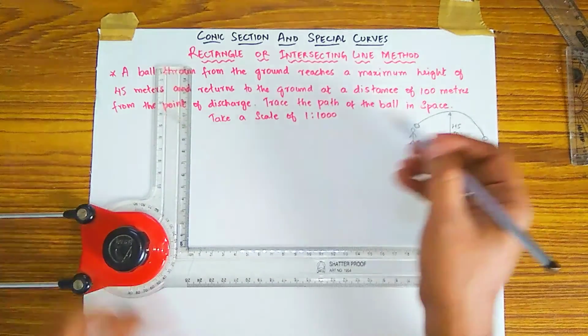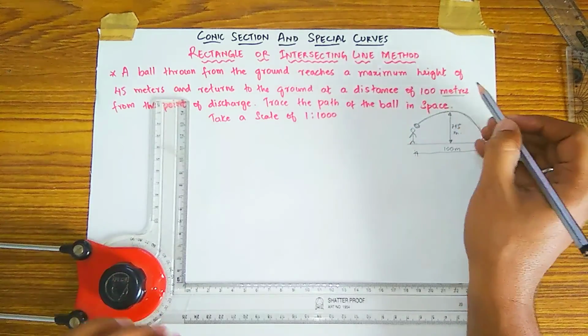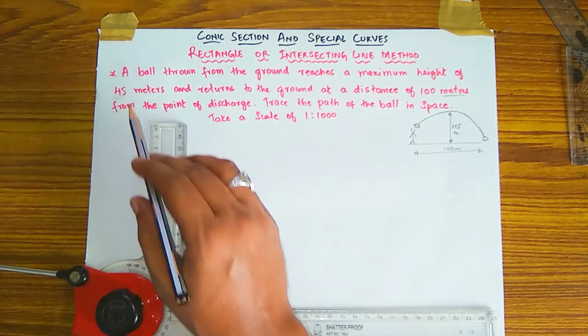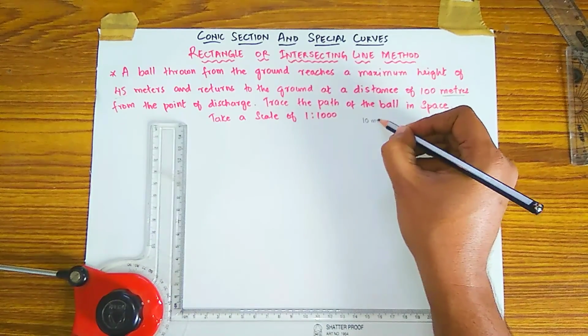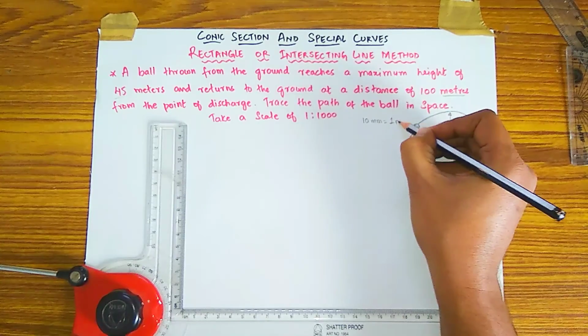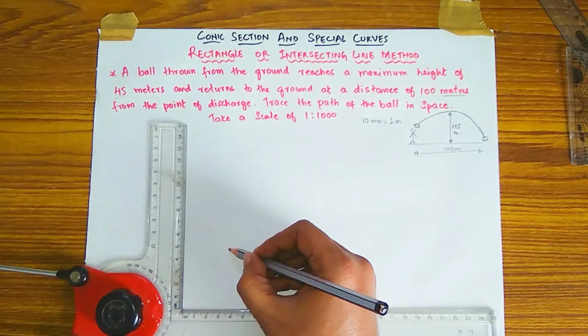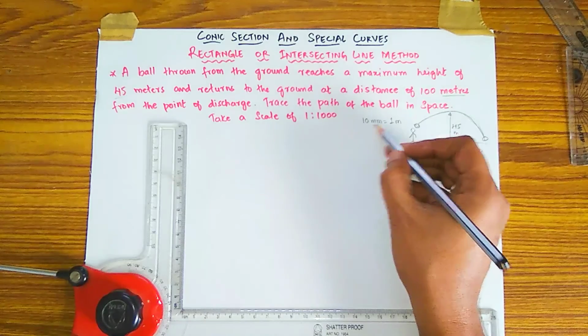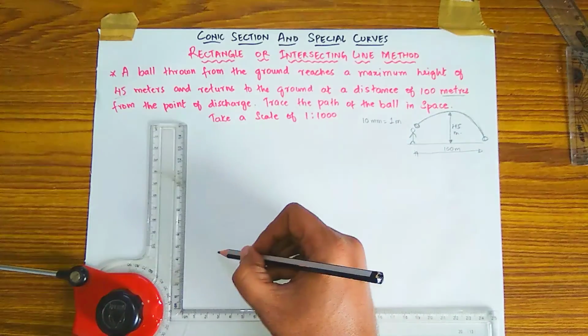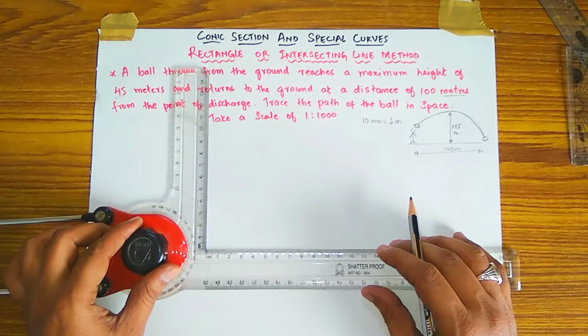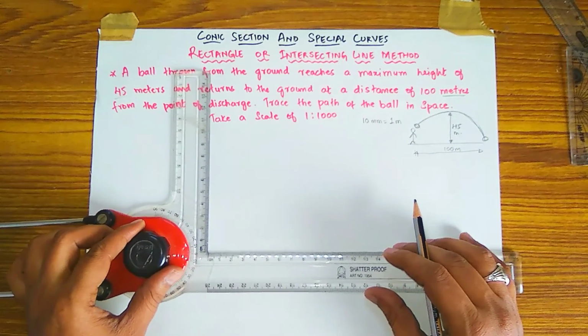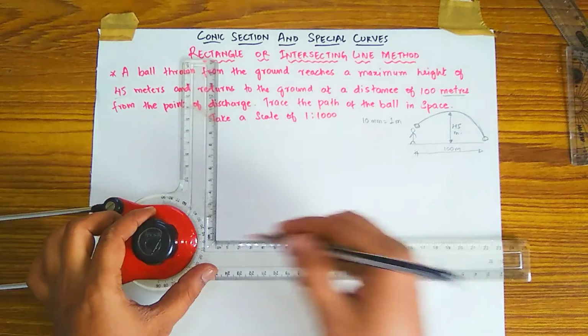First, in the question each dimension is given in meters, so we take a scale of 10 mm equal to 1 meter. If we draw 1 centimeter, it takes 1 meter. So 100 meters means 10 centimeters.